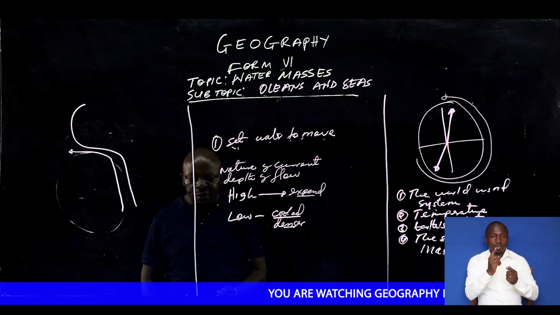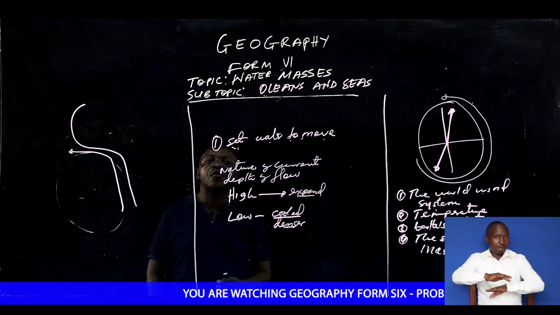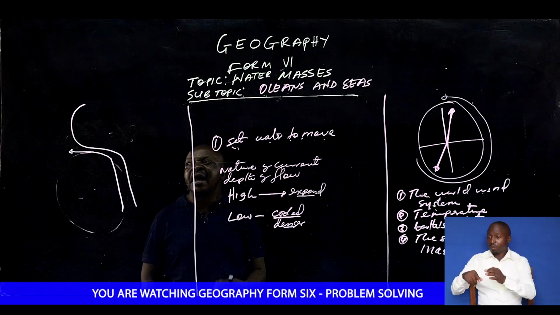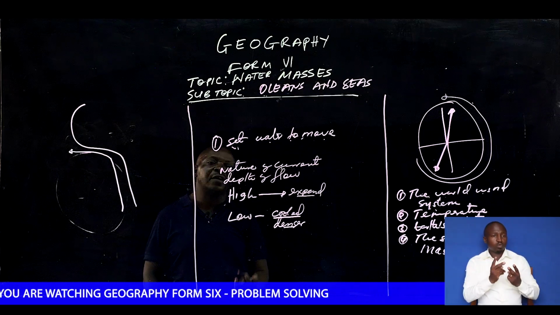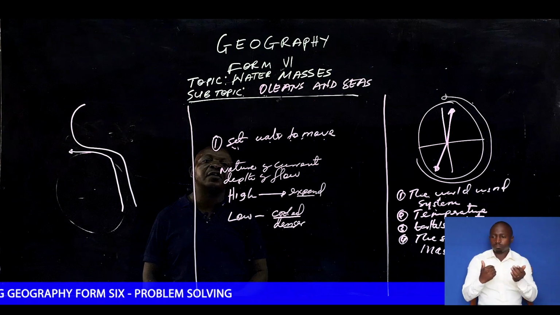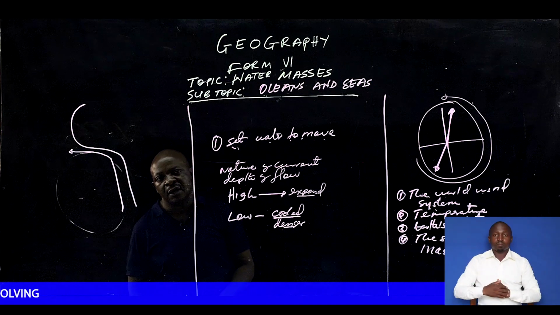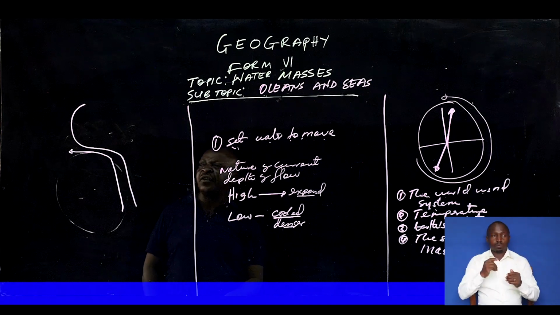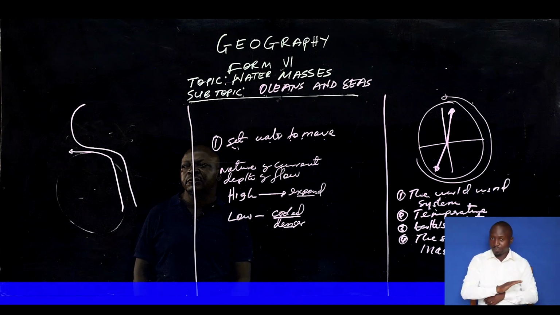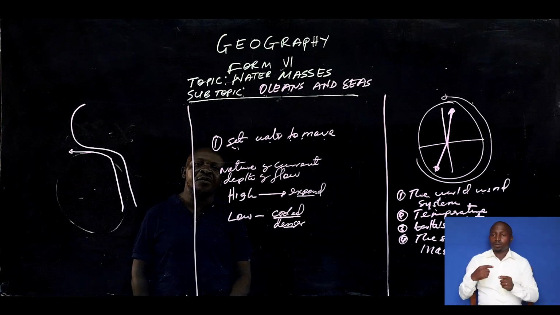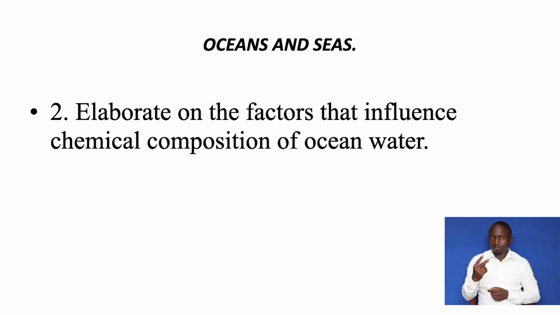It means the occurrence of ocean currents is made by a combined number of factors, which are also considered multiple interplay factors. So as we are through with question number 1, let us continue with question number 2.